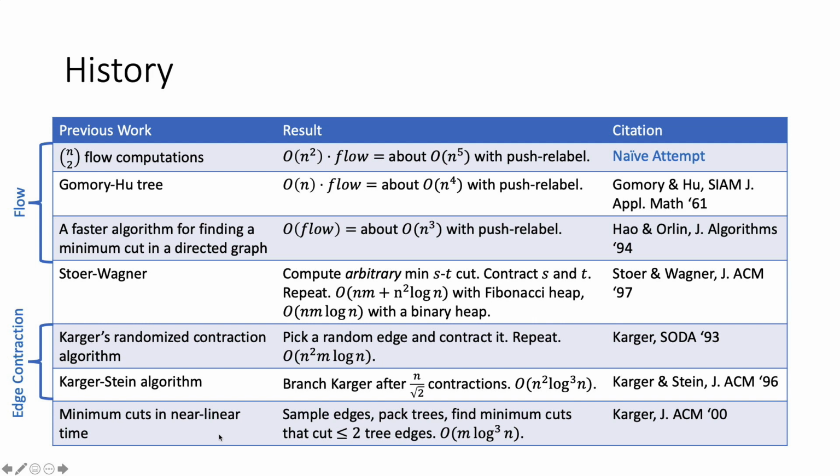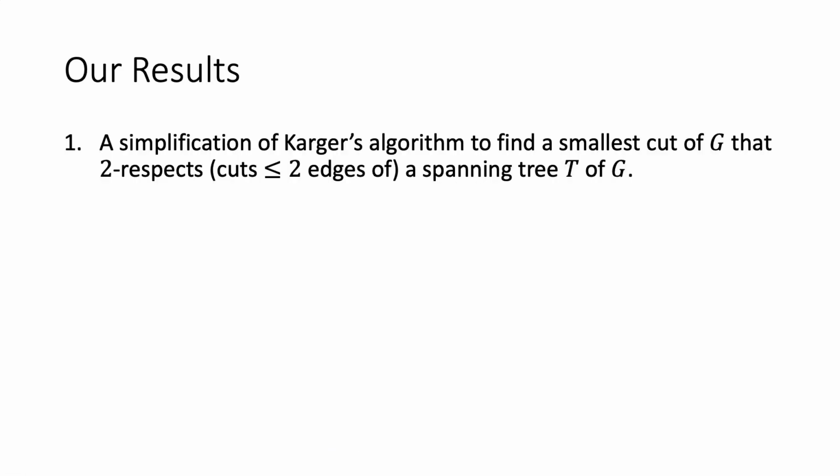Now, the paper that our paper is based on is Minimum Cuts in Near Linear Time. This is the first algorithm to get complexity m and then some polylogarithmic term in n. The rough idea is to sample edges, pack trees, and find minimum cuts that cut at most two tree edges.